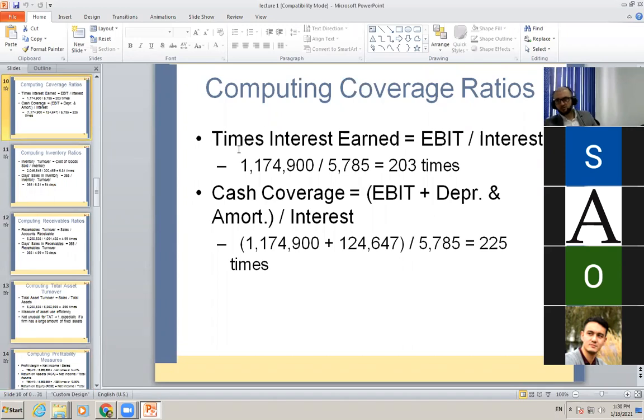There are some coverage ratios that show how long and how fast they would be able to cover only the interest. These coverage ratios come purely from the income statement, like times interest earned and cash coverage, and so on.